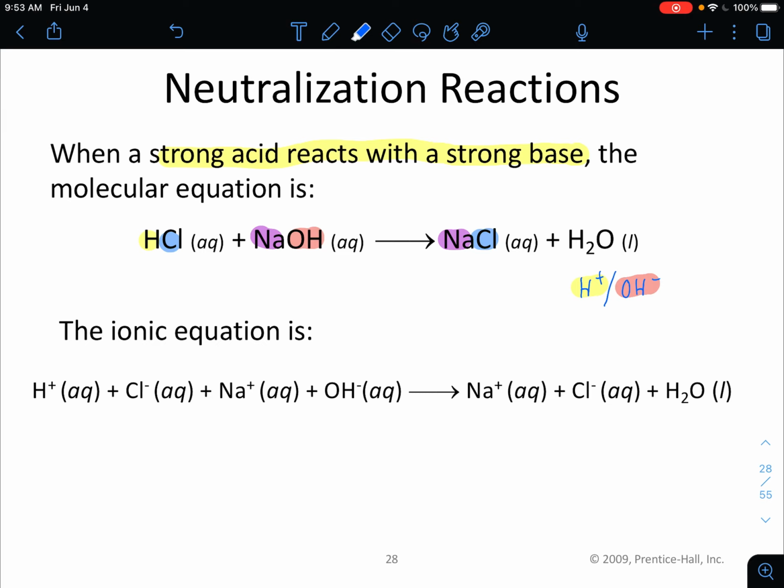So what we can do here is follow the same protocol as we did for precipitation reactions. Since it's a strong acid and a strong base, we know they're going to dissociate completely. So when we transition to the ionic equation, we can keep that in mind. Here's my hydrochloric acid broken down. Here's my sodium hydroxide broken down.